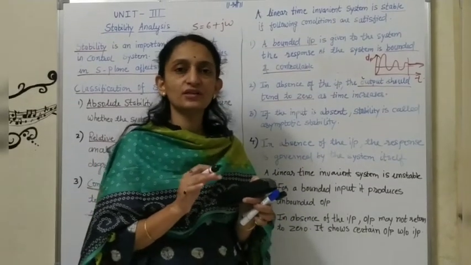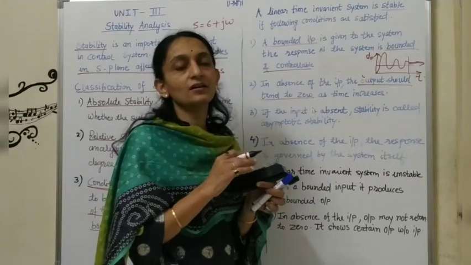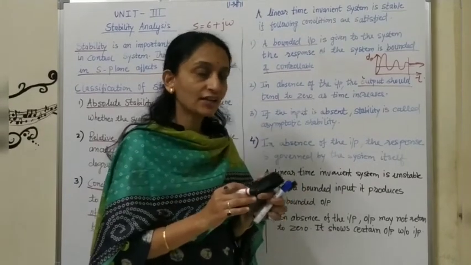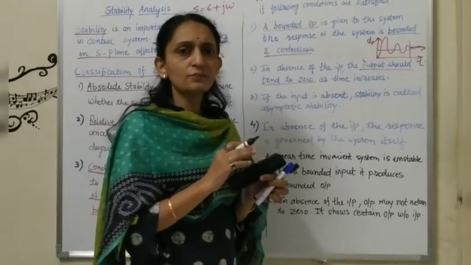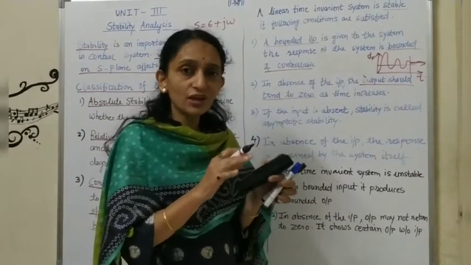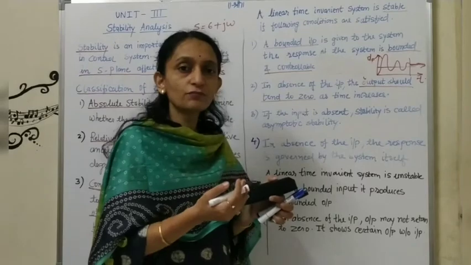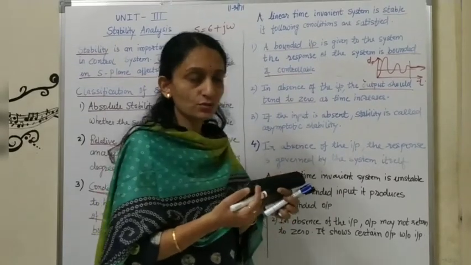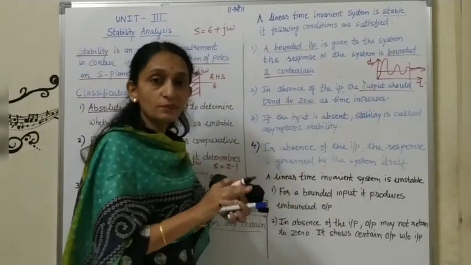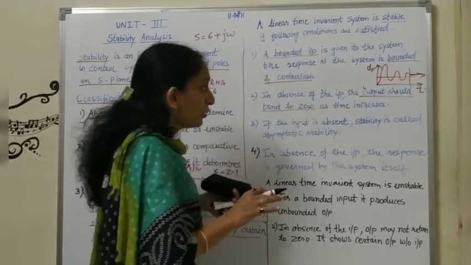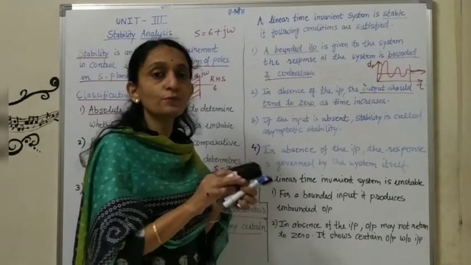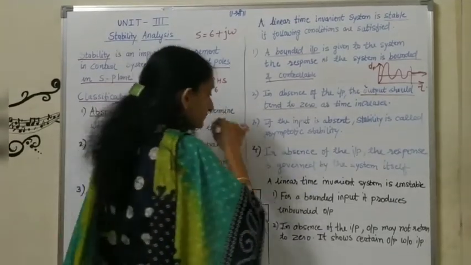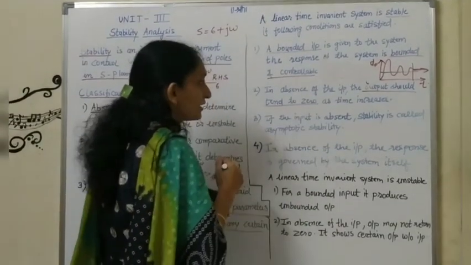Inductor stores energy in terms of current and capacitor stores energy in terms of voltage. So there may be a possibility that even if we are not giving input, we still get output. Such a condition should not be there. Irrespective of the initial condition, if we are not applying input, output should be 0. Then such a condition is called a stable condition.